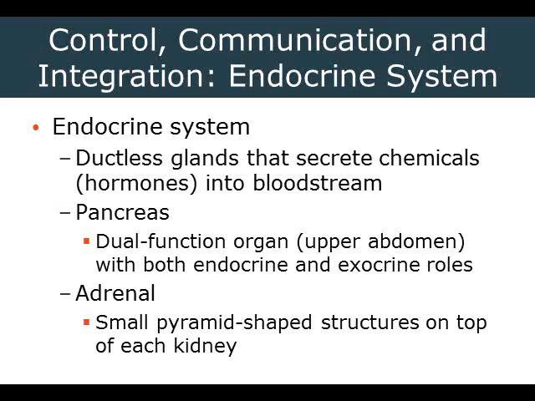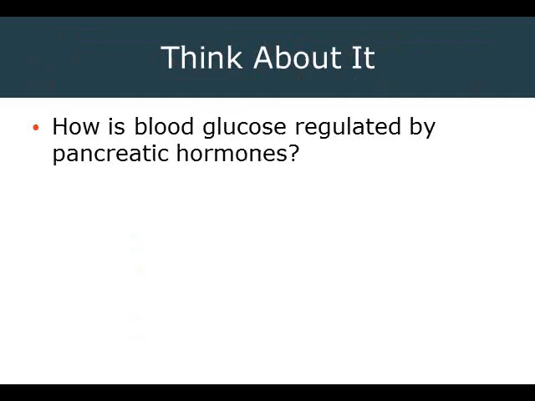The adrenal system, which are the small little structures on top of our kidneys, is where our fight or flight, our sympathetic nervous system, major hormones come from. So when we're talking adrenaline rush, that's where it comes from, the adrenal glands. That causes us to have a lot of nervous system stimulation, but it also has other parts that have to do with some of our secondary sexual characteristics like growth of hair and gonads and so on and so forth. So a lot of our steroids come from the adrenal glands.